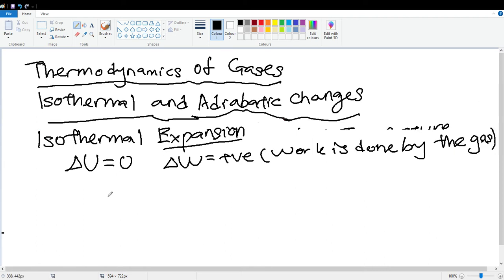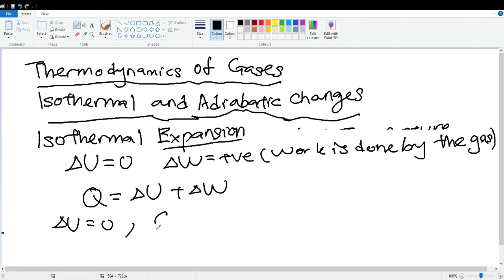Based on the first law of thermodynamics, Q, the heat supplied, is equal to the sum of the change in internal energy and the work done by the gas. Since our internal energy change is equal to 0, I can conclude that the heat supplied is equal to the work done by the gas.